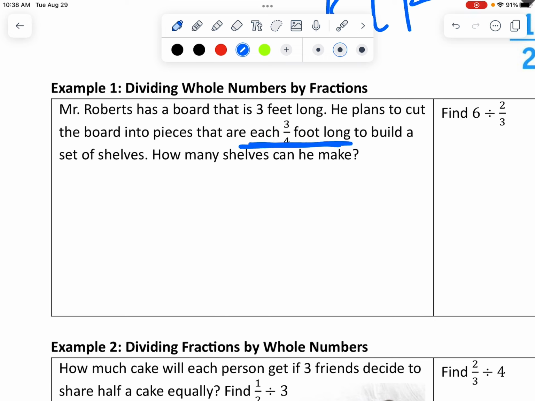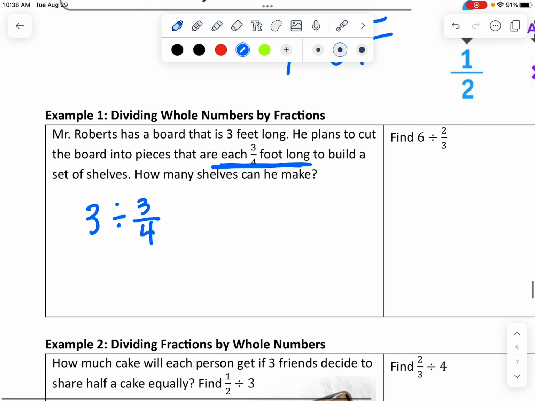So that means we're doing 3 divided by 3/4, because it's 3/4 pieces. And we want to know how many shelves he can make with the 3 feet long board. First step, our 3, we need to change it to a fraction. So our fraction would be 3/1, because 3 as a fraction is always 3/1, divided by 3/4.